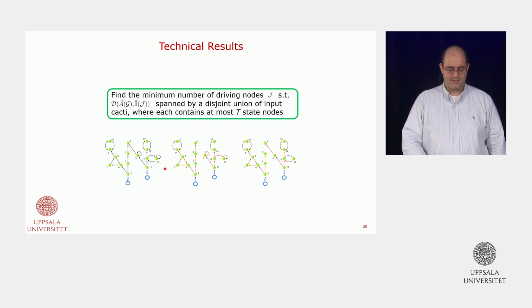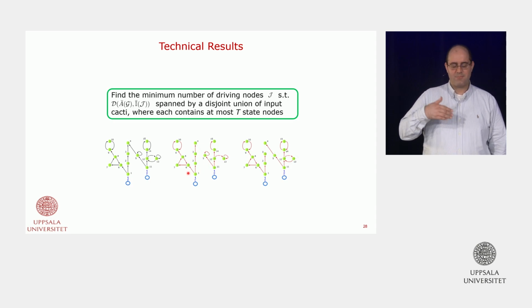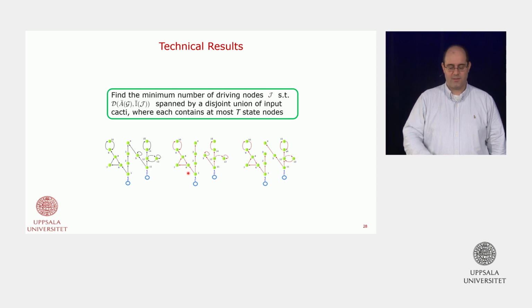And I can see that I have two cacti, but this one on the left has 1, 2, 3, 4, 5, 6, 7, 8, 9 state nodes. The other one on the right has 1, 2, 3, 4, 5, 6 nodes. And you can see that the maximum number of time steps I need to control this system is going to be the maximum between the two. In other words, it will have to be 9.